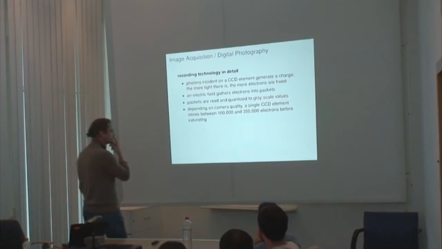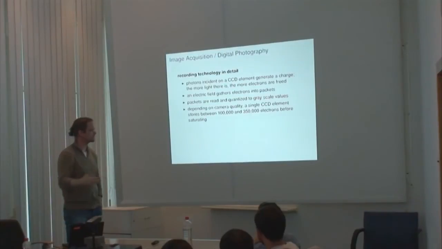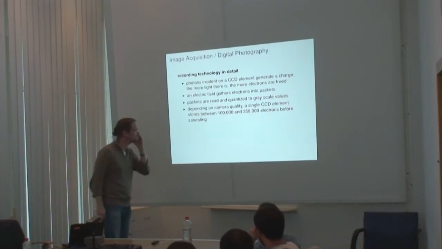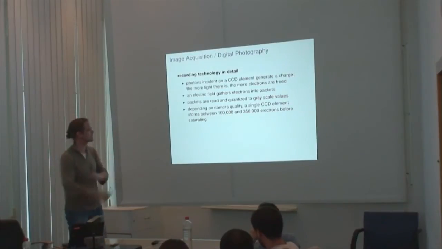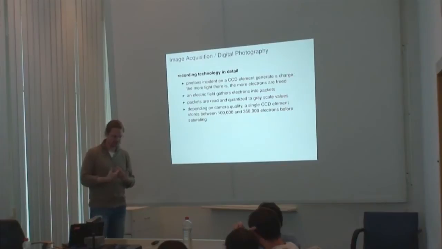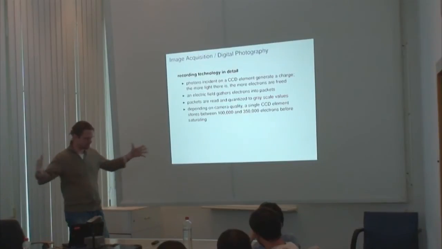And again, depending on the quality of whatever camera you're using, these tiny elements are able to record between 100,000 and 350,000. I don't know if these numbers are still current, as technology progresses, but they can deal with a range of charges here.